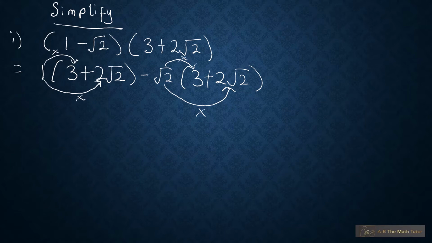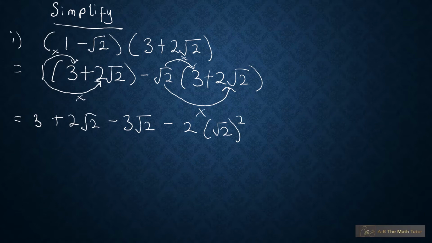So 1 times 3 is 3. 1 times 2 root 2 is 2 root 2. Negative root 2 times 3 is negative 3 root 2. Negative root 2 times 2 root 2 will be negative 2 times root 2 all squared.